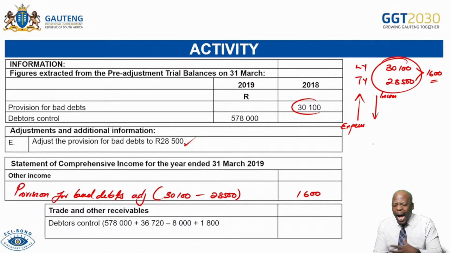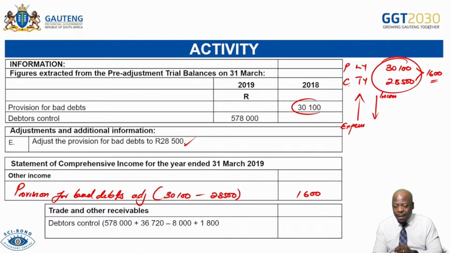The other way is simply to say last year minus this year. If it's a positive, it's income. If it's a negative, it's an expense. Last year minus this year. Some would just say previous minus current. Previous provision minus current provision. And then if it gives you a positive, it's income.